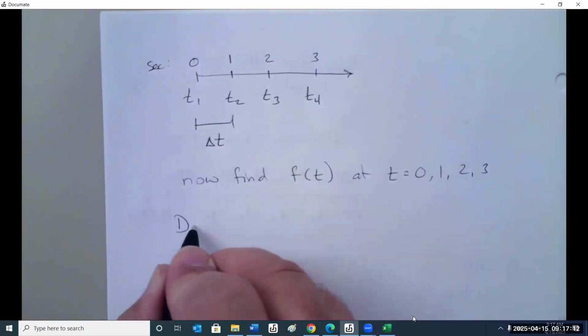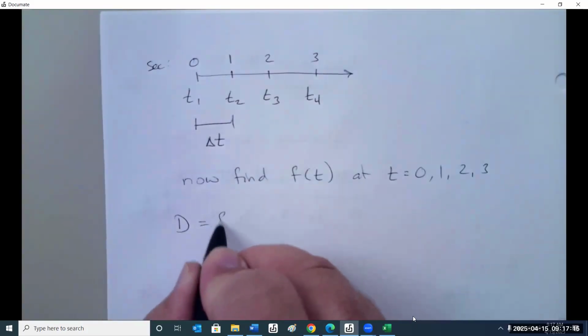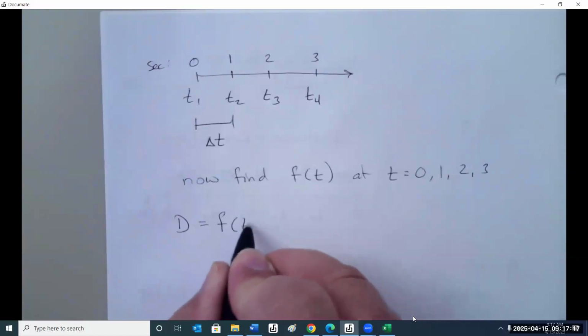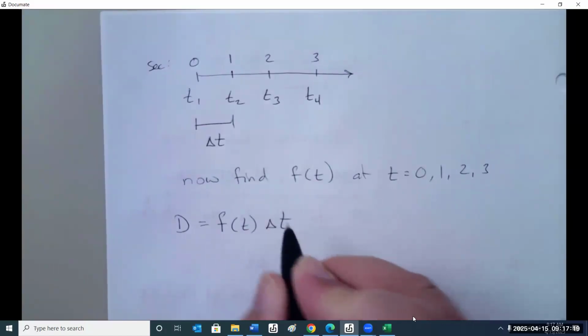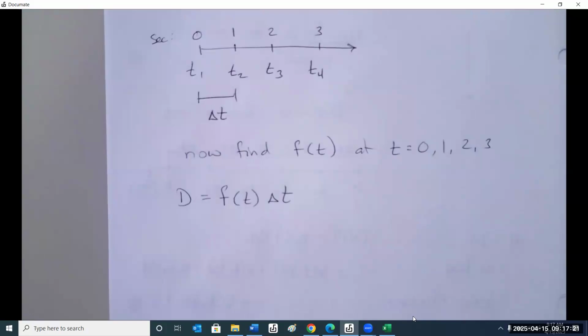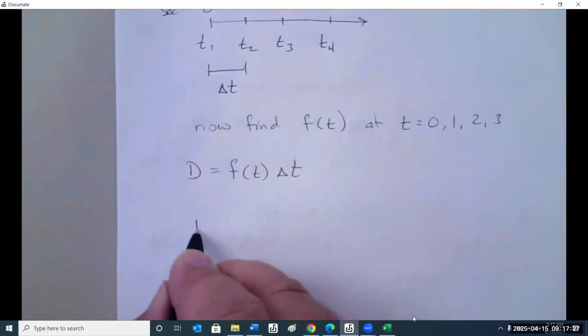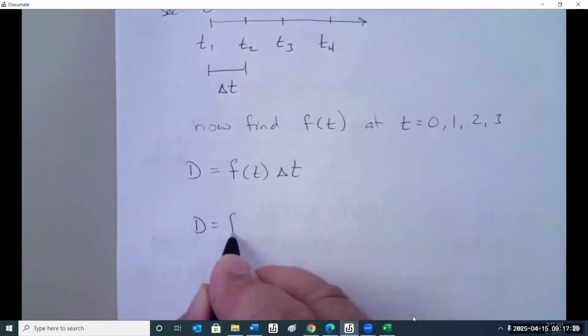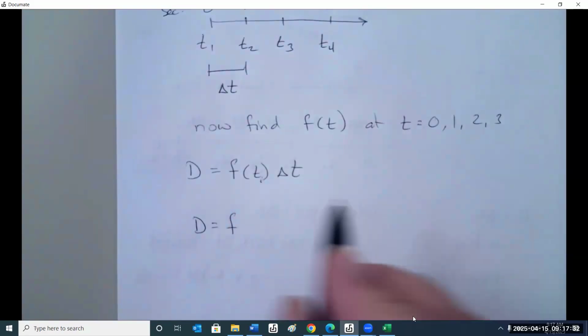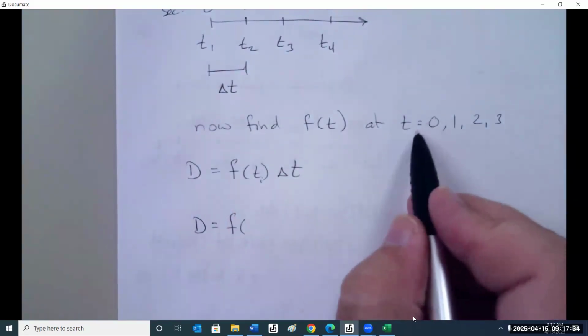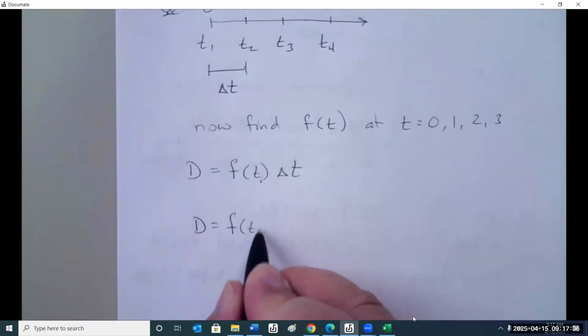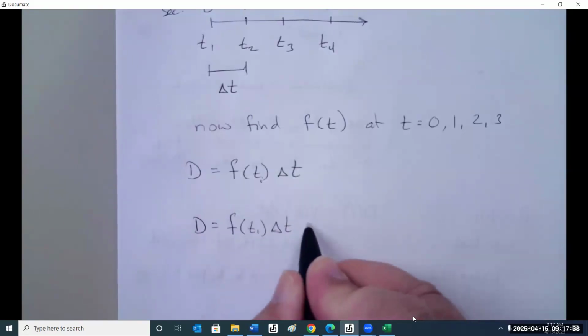So the distance traveled equals f of t times delta t. The first one is f of t1 times delta t.